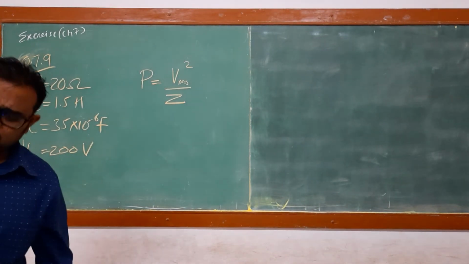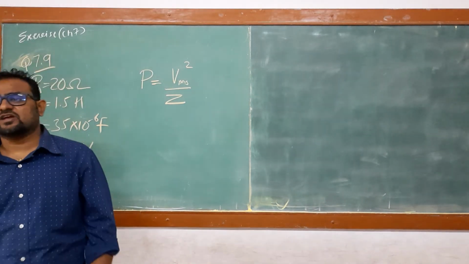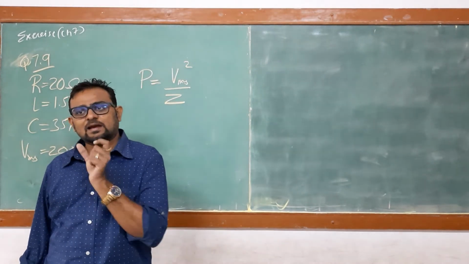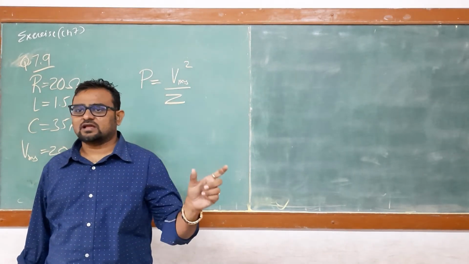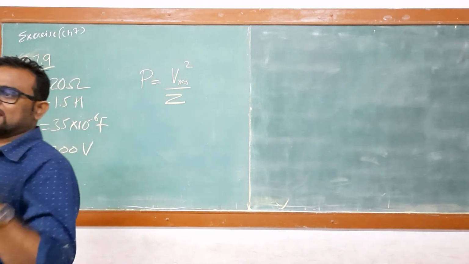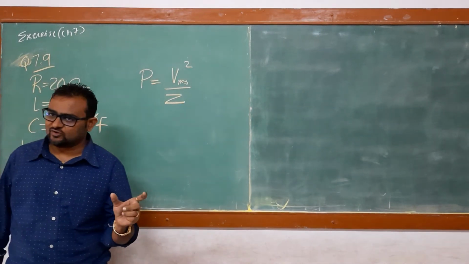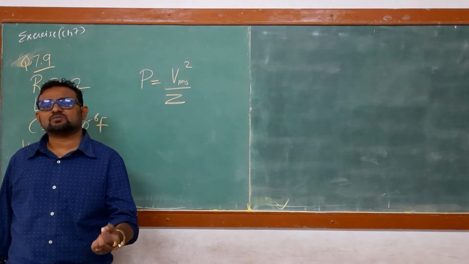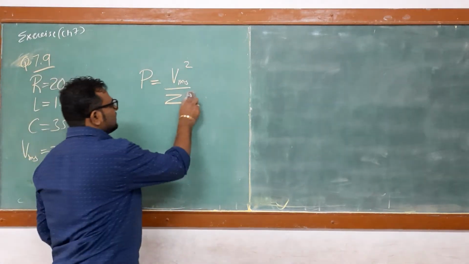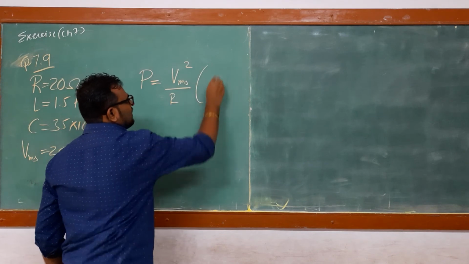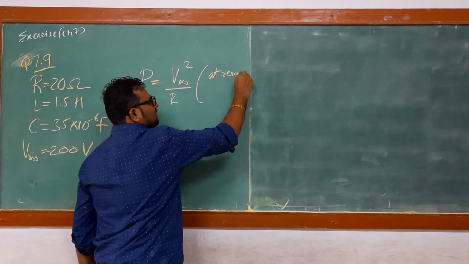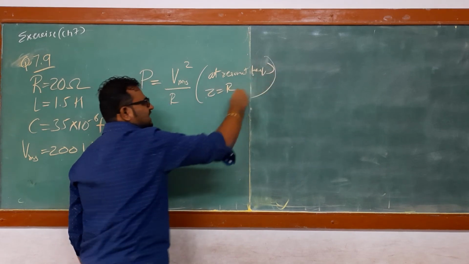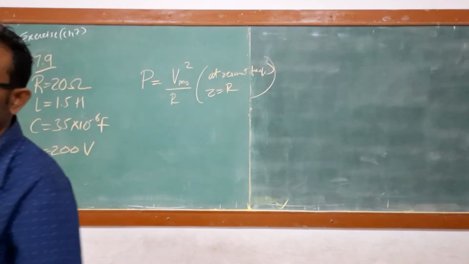But it is clearly given that it is a resonance condition, the frequency matches the natural frequency. So what happens at resonance frequency? Capacitive reactance XC and inductive reactance XL, the values of both are the same, right? So the only component responsible for impedance is the resistor. So at resonant frequency Z is equal to R, because XL and XC are the same, so XL minus XC whole square will be equal to 0.